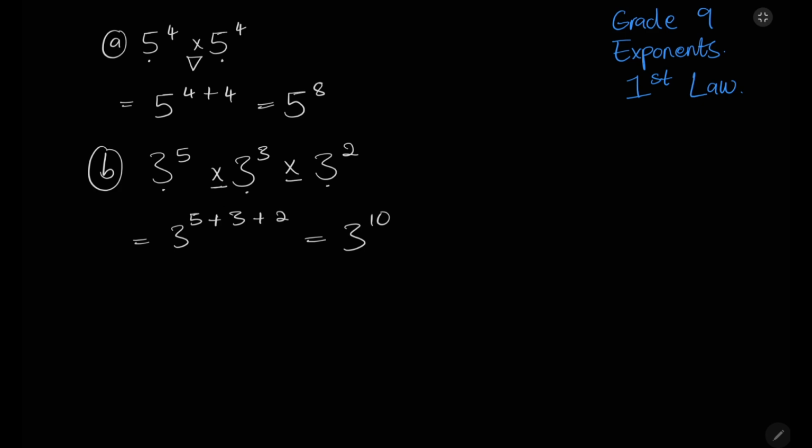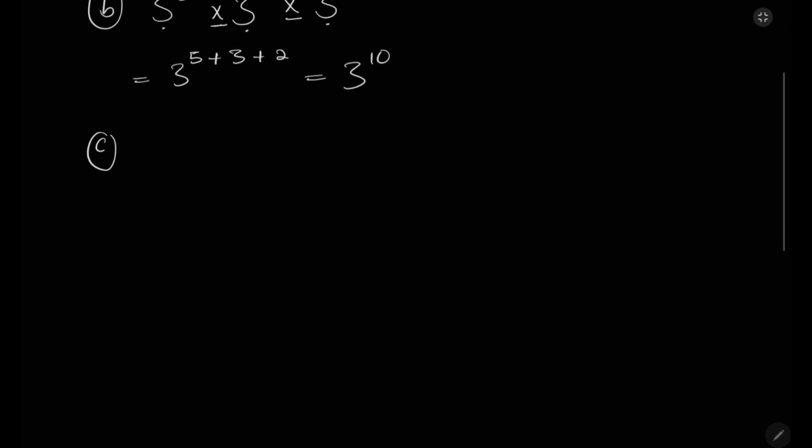Now let's move to C. Let's try 12 cubed times 12 times 12 to the power 6. How do we solve this again? You have to check whether we have the same base. We have 12, 12, and 12. Yes. Are the bases multiplied? We have a multiplication sign here and there. So the law applies.